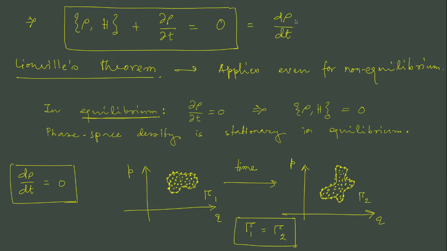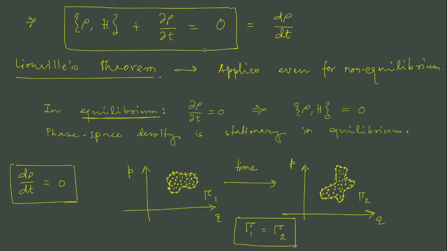But this is equal to the total time derivative of rho. We have seen this relation earlier, that any dynamical quantity must satisfy it. So the left hand side, which results from the continuity equation, is known as Liouville's theorem, which says the total rate of change of density vanishes.